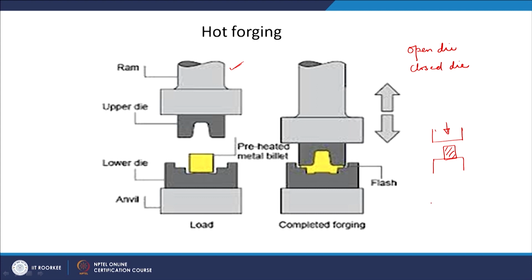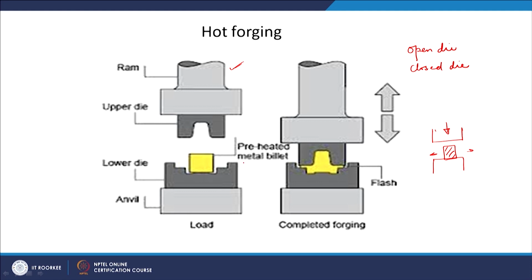As you can see here, there is no confinement in this direction, so material is free to flow in this direction. Whatever shape it can take, it takes, whereas in this case you can see that there are dies around it. So, it is going to give a particular shape to the billet.